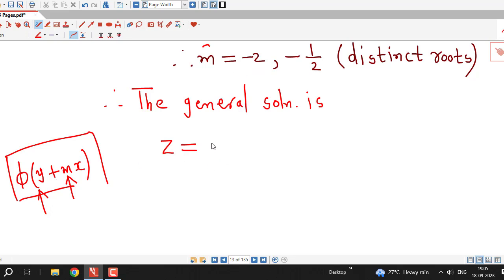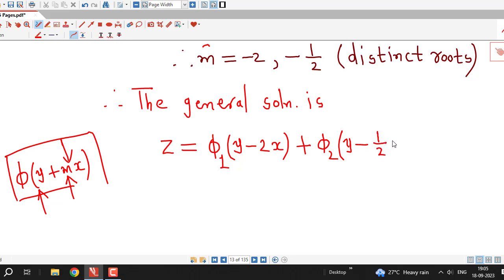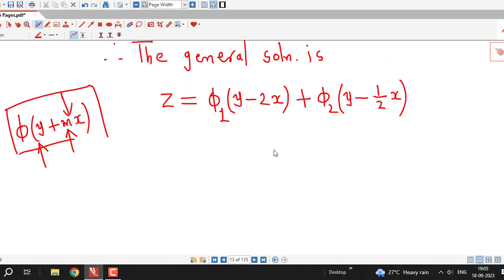So for m equal to minus 2, I will put m equal to minus 2 here, and I have a function of y minus 2x, and this function I denote by phi 1. Similarly, I have to write another function for the other root. So here I put m equal to minus 1 by 2, and I will have y minus 1 by 2 x, and this phi 1 and phi 2 are arbitrary functions.